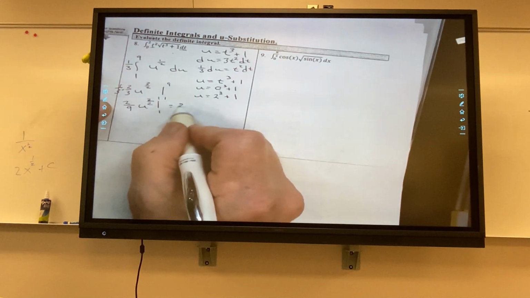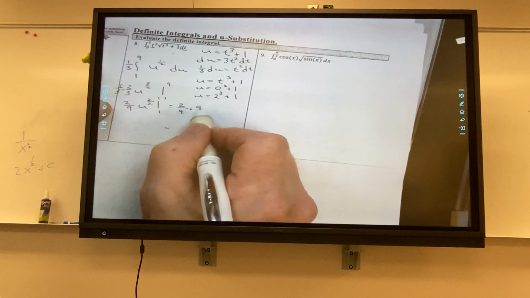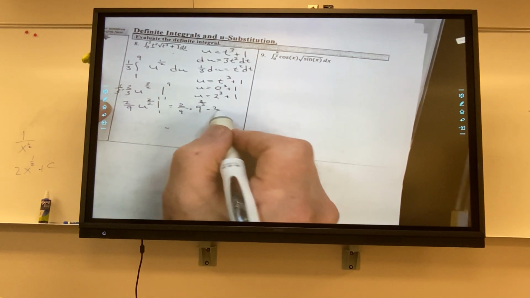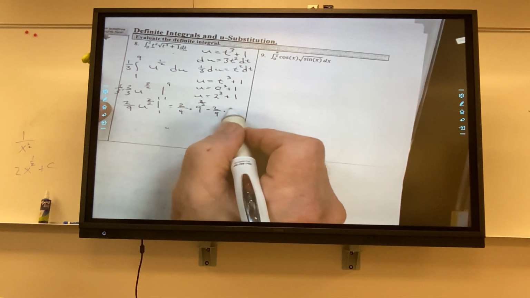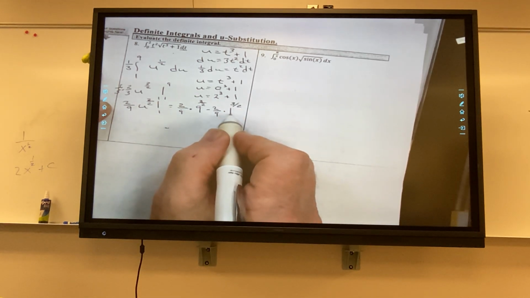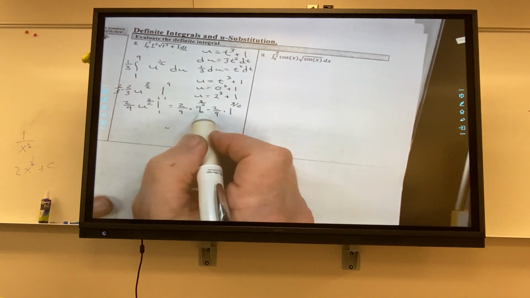So I'm going to have 2/9 times 9 to the 3/2 minus 2/9 times 1 to the 3/2. Here's my b, here's my a. We just talked about this. I'm pretty sure I'm starting to get it.